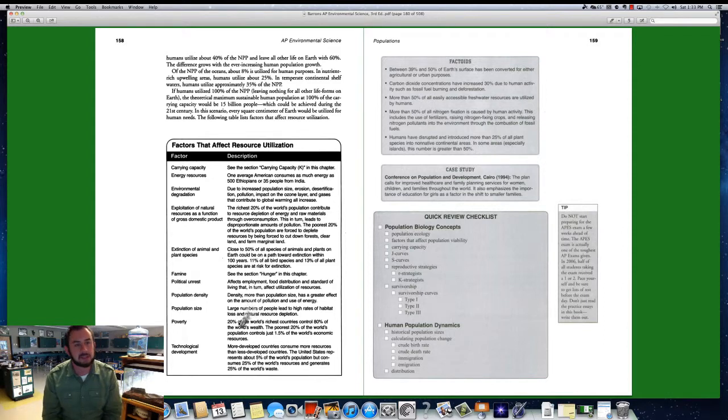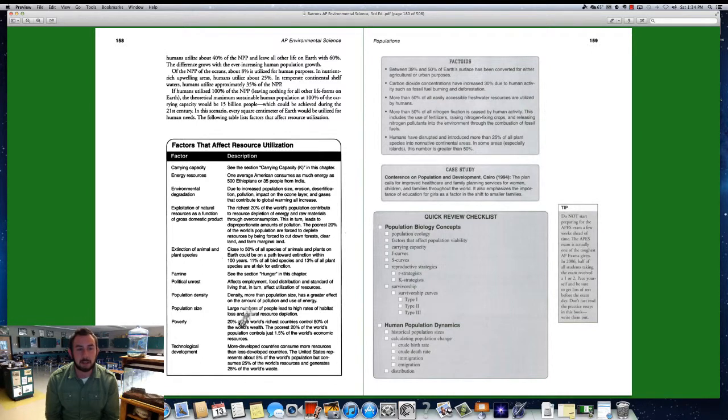Of the NPP of oceans, about 8% is utilized for human purposes. If humans utilized 100% of the NPP, leaving nothing for other life forms on Earth, the theoretical maximum sustainable human population at 100% of the carrying capacity would be about 15 billion people, which is kind of what we projected, and I don't want to see that happen to my Earth, I'll tell you that much.